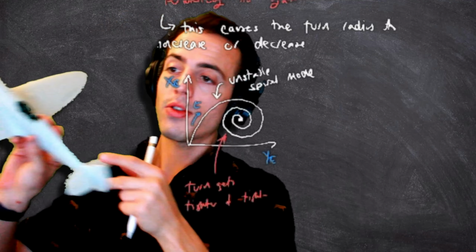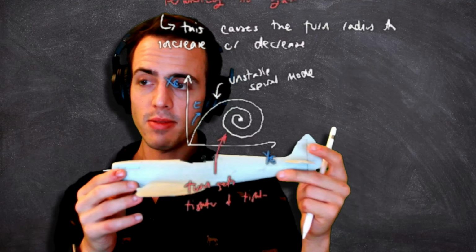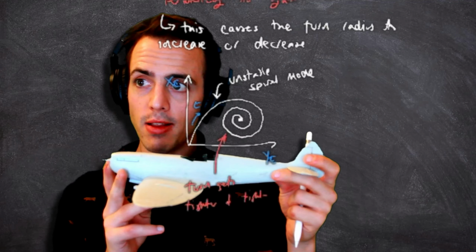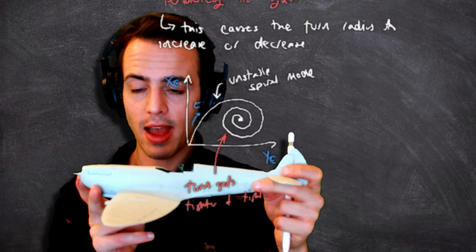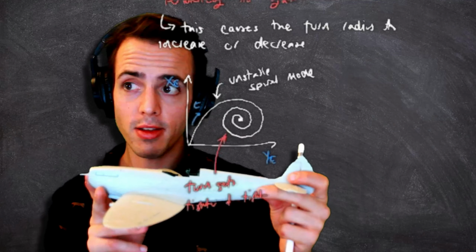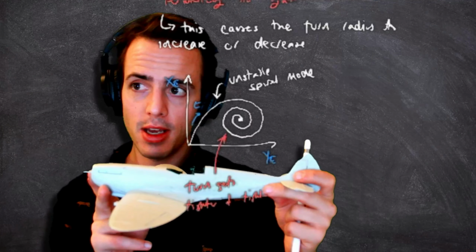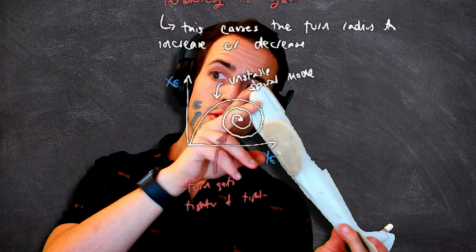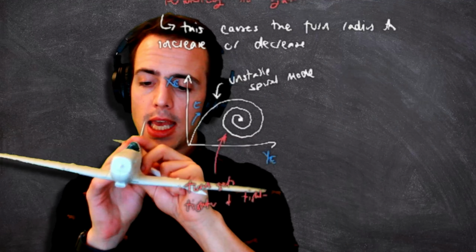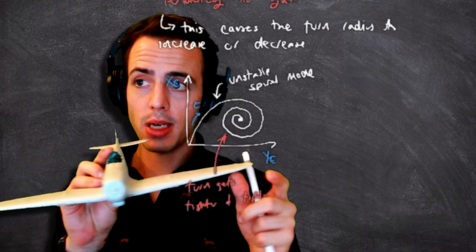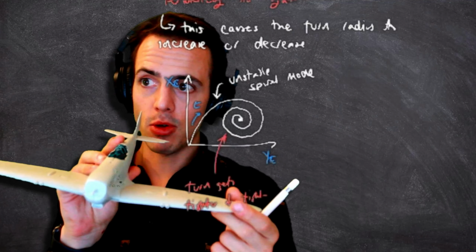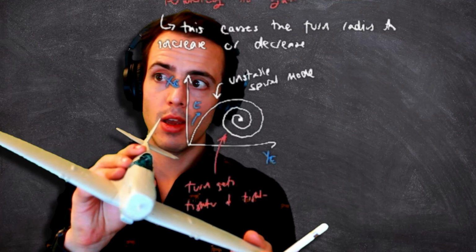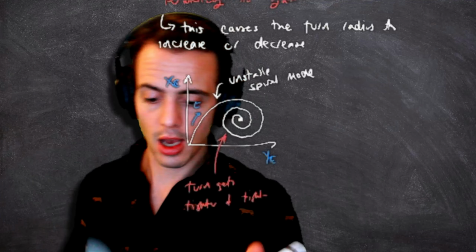Similar to pitch stability, C_M alpha, positive stability is if the aircraft is disturbed, if it pitches up, it has a tendency to go back down. If the aircraft was unstable, C_M alpha was positive, and if the aircraft pitches up, it continues to pitch. Very similarly, in the spiral mode, this is a combination of yawing and rolling. So if the aircraft is unstable, once it starts to do those, it gets tighter and tighter and tighter.